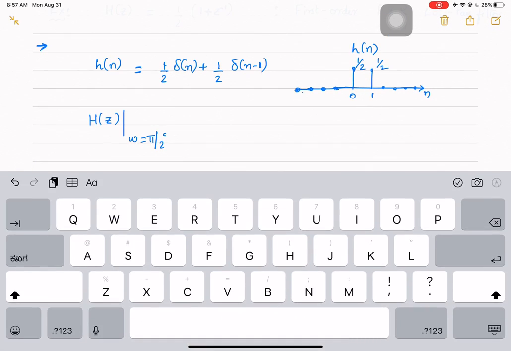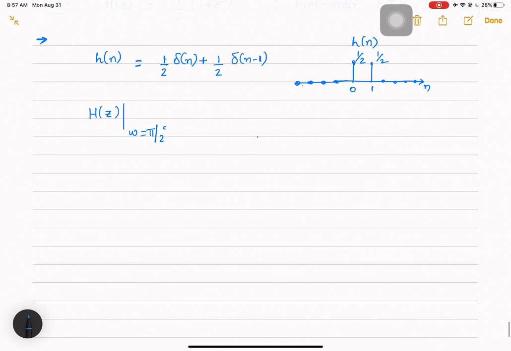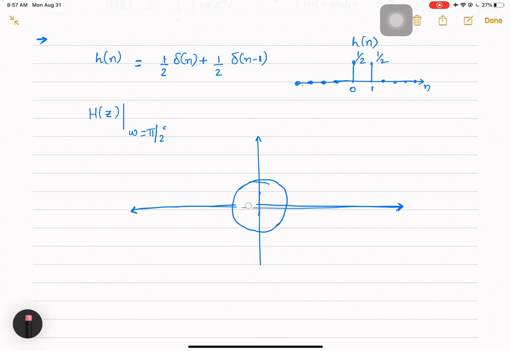So draw the z plane. Okay, so draw the unit circle.